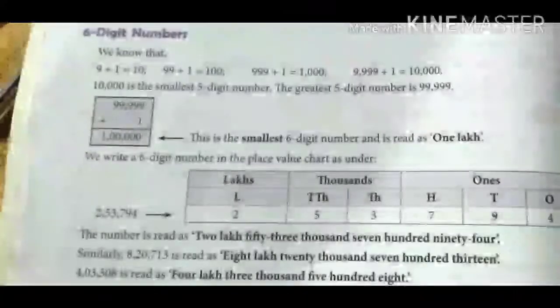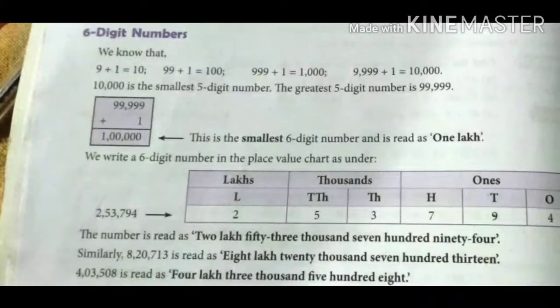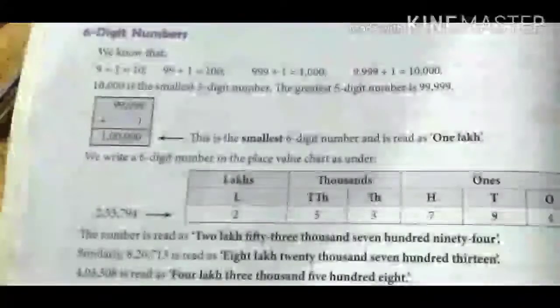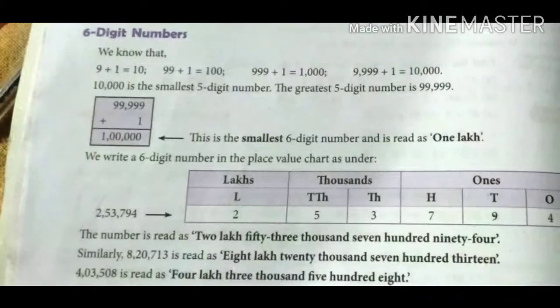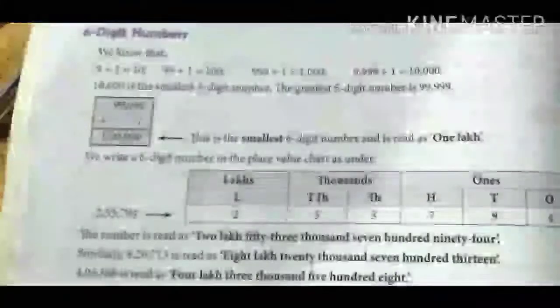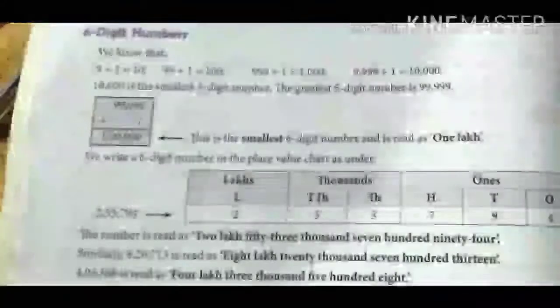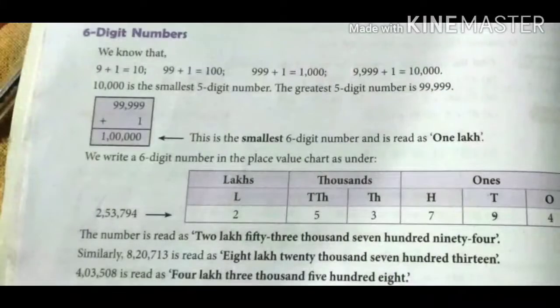In the above picture there is a place value chart. In that place value chart there are periods and places. The periods are ones, thousands, lakh, and the places are 1, 10, 100, 1000, 10,000 and lakh. Firstly, we put the example from right to left.